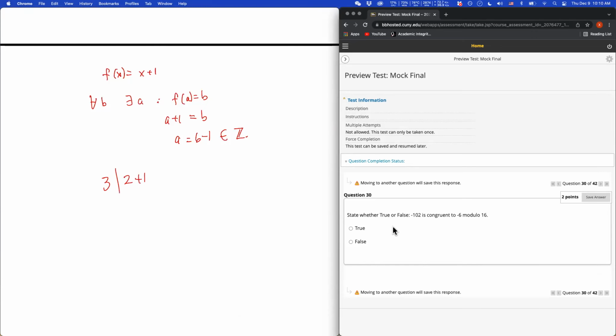Okay, next. Here we have negative 102 is congruent to negative 6 modulo 16. Now I want to check, is this true?